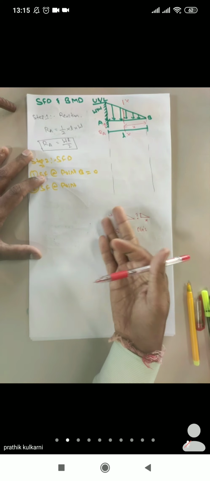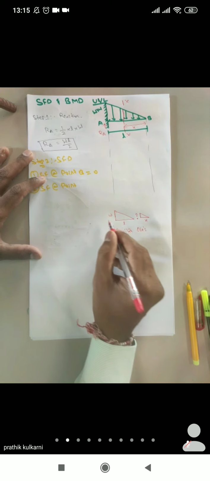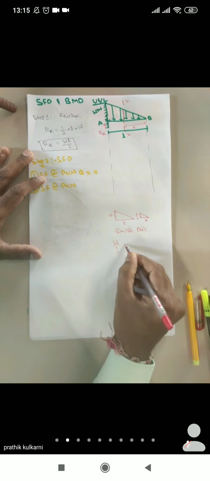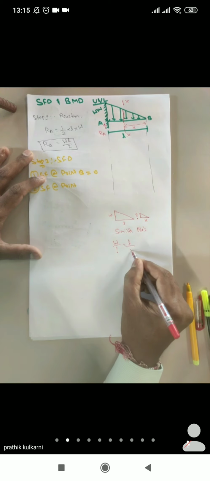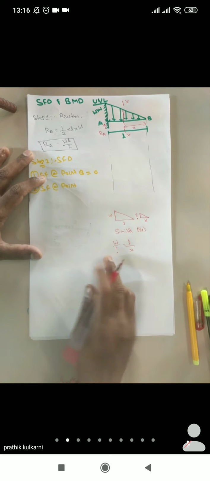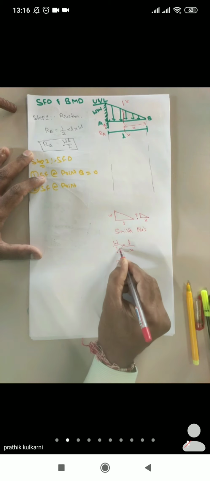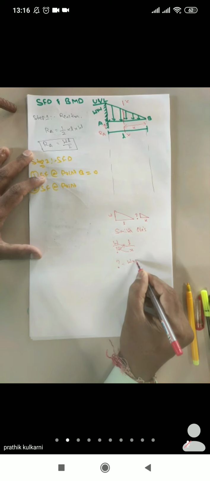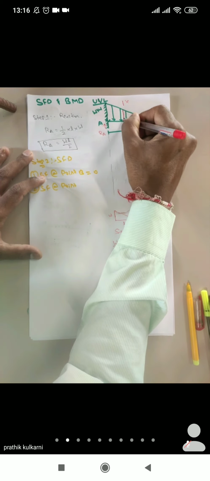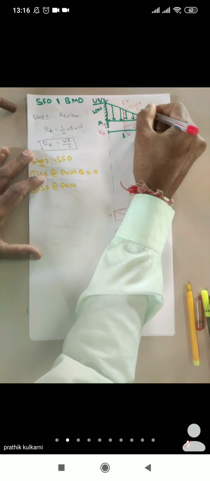So I can write height by height equals base by base: W by question mark equals L by X. Sending the question mark across, it equals W into X by L. So the height is WX by L.